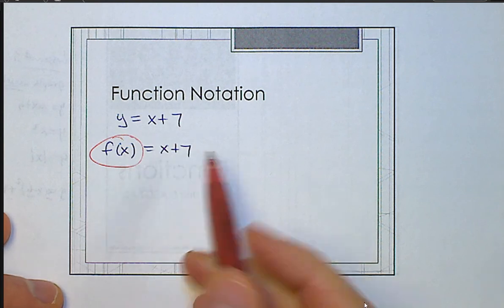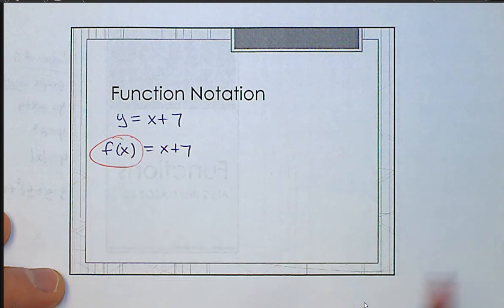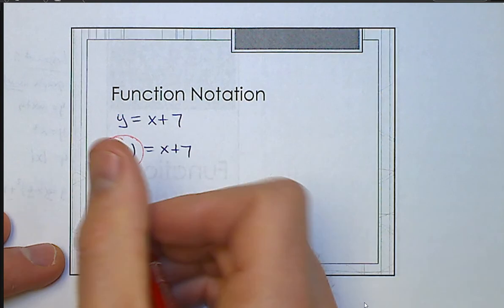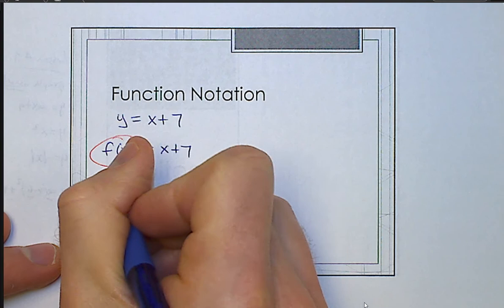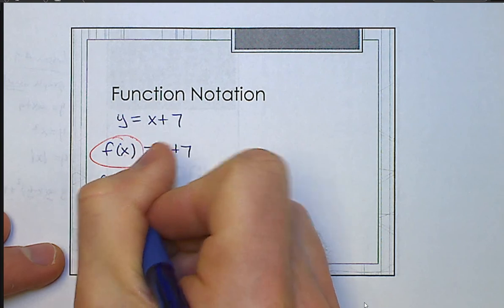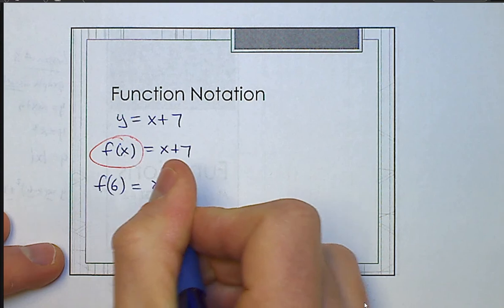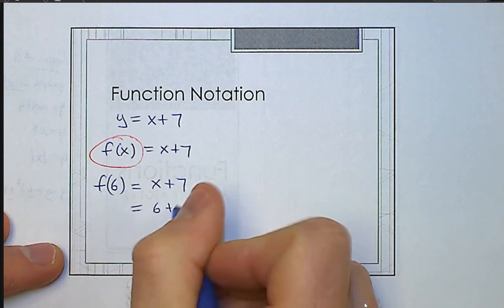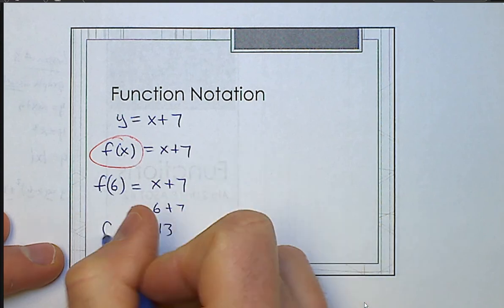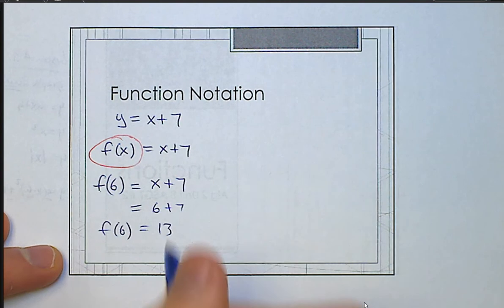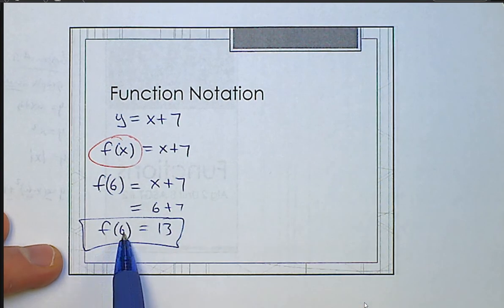So that's called function notation. It means the exact same thing. So on the previous example that I did, if we said that x was equal to 6, we would write it like this. We want to know what the function is when x is 6 into the function rule of x plus 7, which would be 6 plus 7, and we get 13. So we would interpret that as f of 6 equals 13. The function when x is 6 is 13.